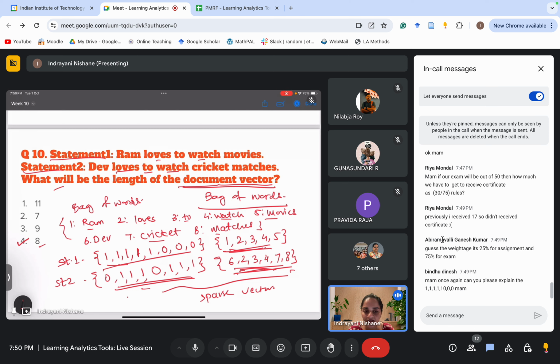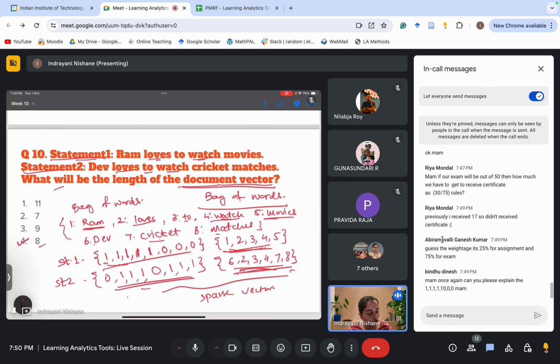We made a list, and what we did was check whether the first word in the list is present in the statement. Yes, it is present, Ram. Then loves is present, so 1, 1. The third word, 2, is present, so 1. The fourth word, watch, is present, so 1. And the fifth word is movies, which is present, so this one. Words number 6, 7, 8 were absent, so we wrote 0, 0, 0.